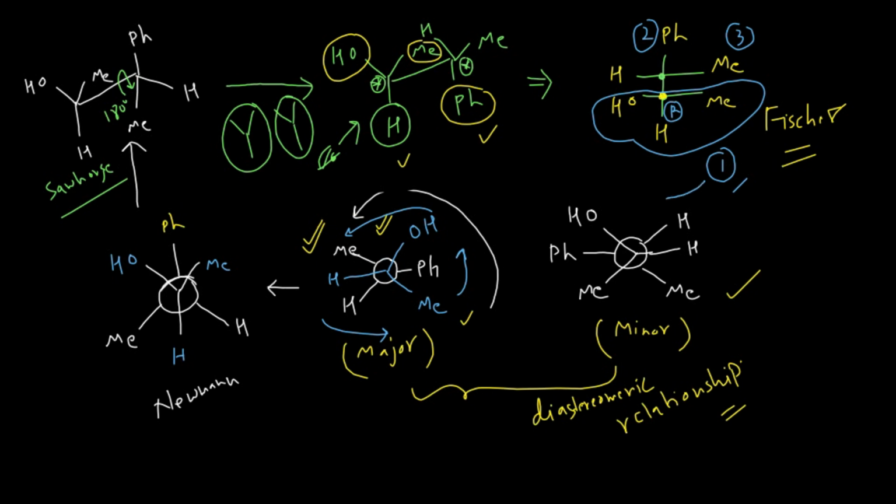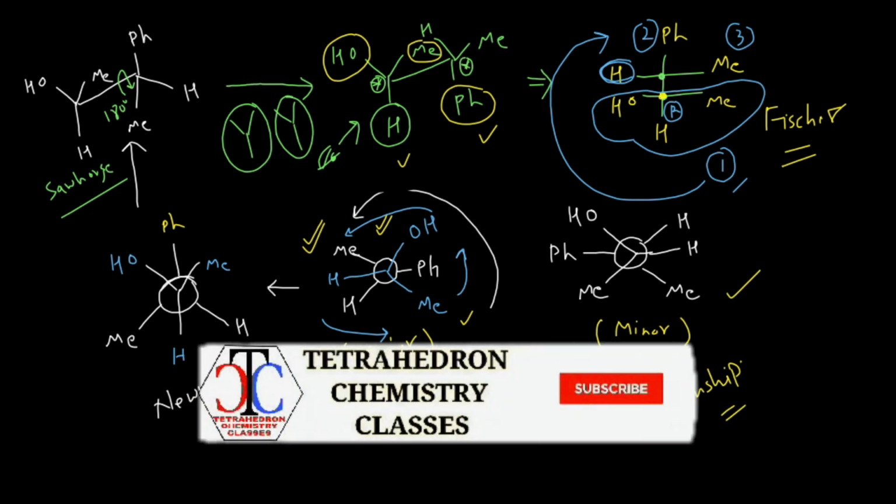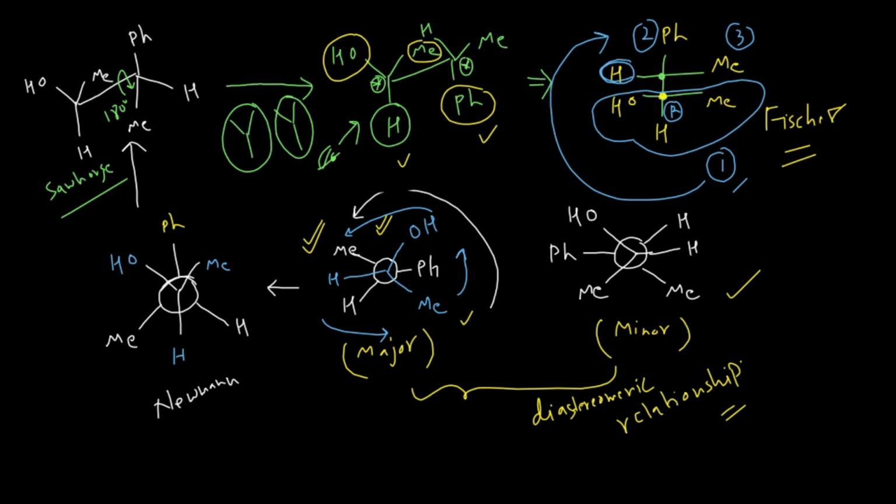So you are again coming in the clockwise direction, but your lowest priority group 4 is on the horizontal line. So you will reverse the configuration. It is coming clockwise, right? But the lowest priority group is present on the horizontal line, so you will reverse the configuration. So this will actually become S. So this system has the configuration: this is R and this is S. Right? This is how you can do these things.